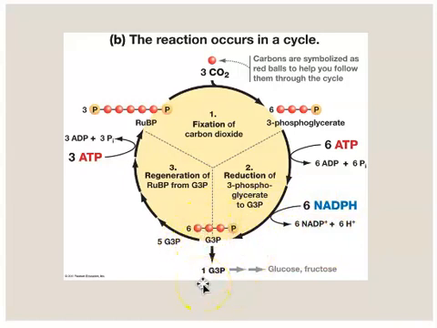Some of that G3P is then used to build glucose, and of course the glucose then can be used to build other carbohydrate, or it can be fed directly into cellular respiration. The remainder of the G3P molecule is then used to build RUBP with the energy from ATP. The RUBP will then be once again entered into the fixation phase, and the cycle continues.